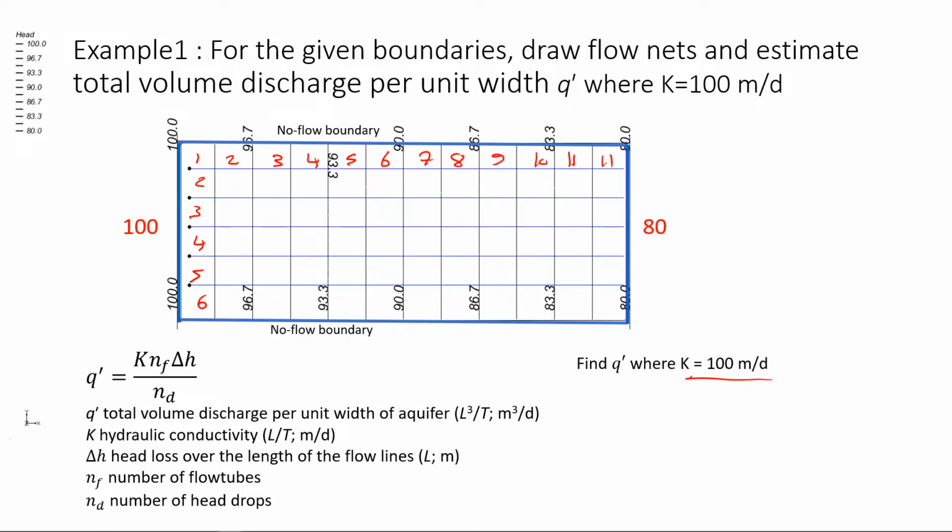And you just substitute: K is given, this is given, this is given. What is delta H? Delta H is 100 minus 80, you get 20 meters. Given this, you can calculate the flow rate per unit width of the aquifer.